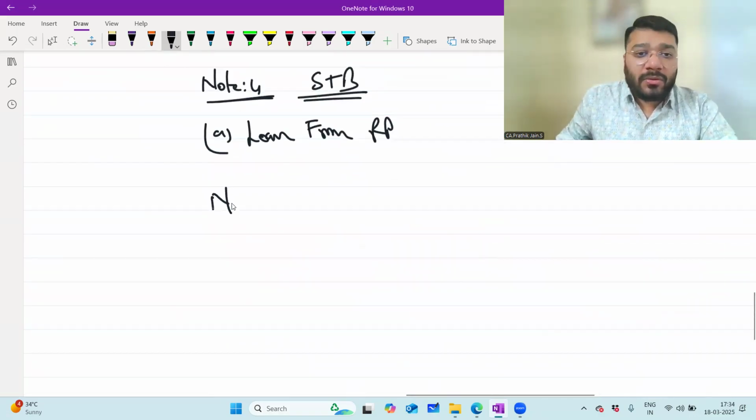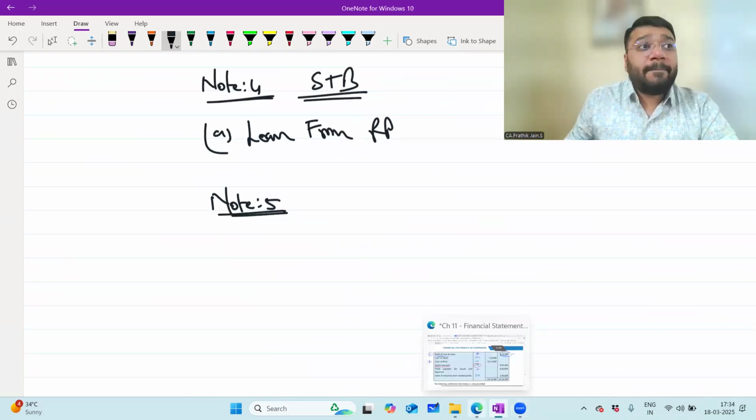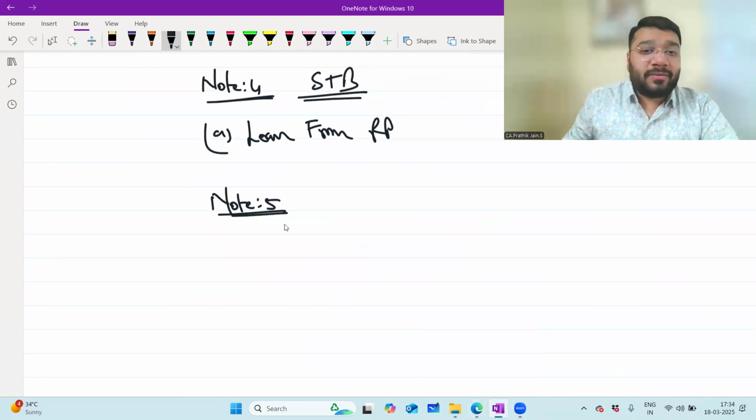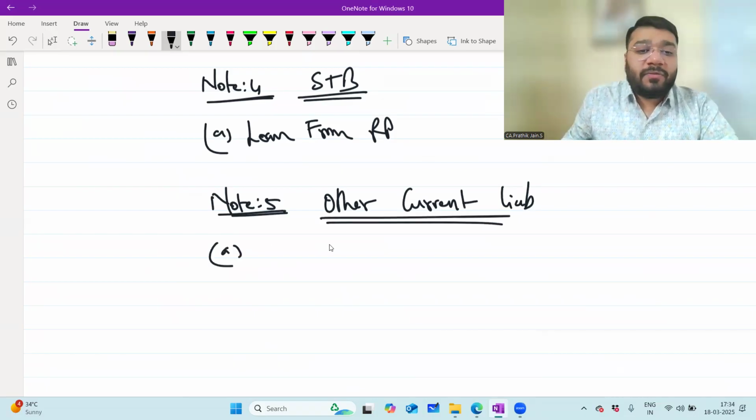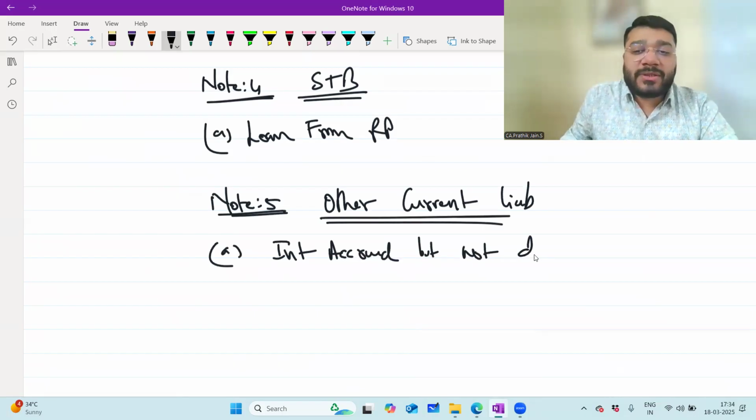Yes. Sorry? Which one? To be very careful. Note 5 is what? Other current liabilities. In that, interest accrued but not due. How much? 37,500.